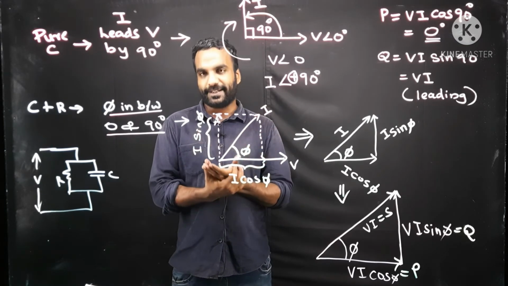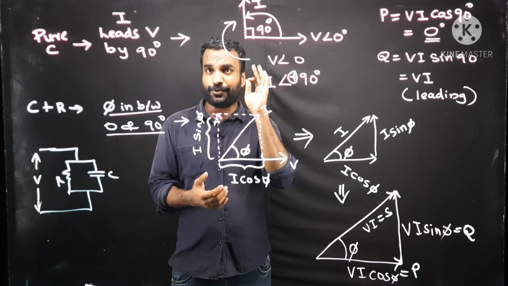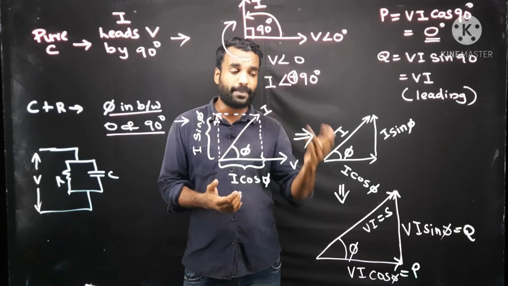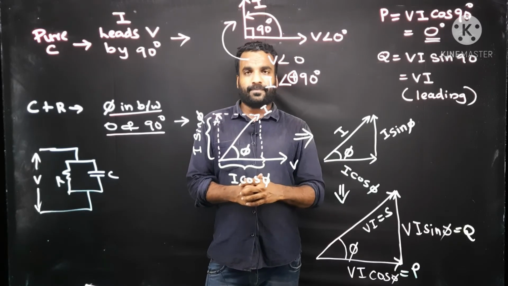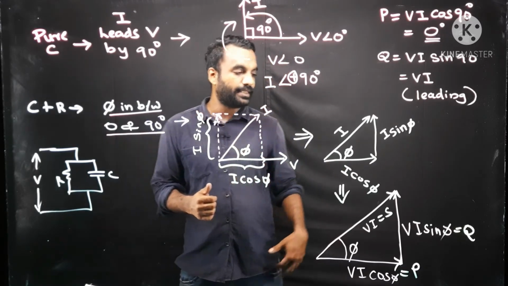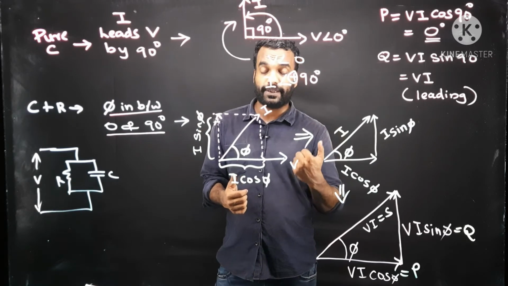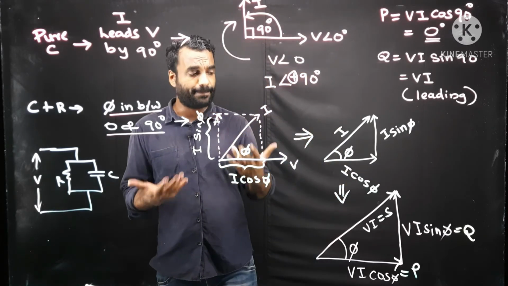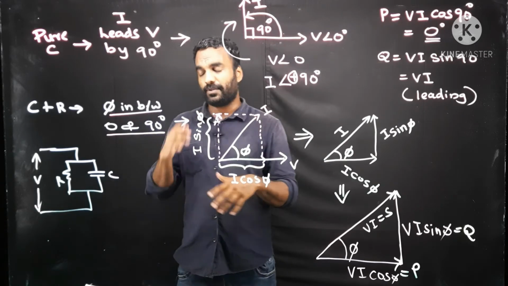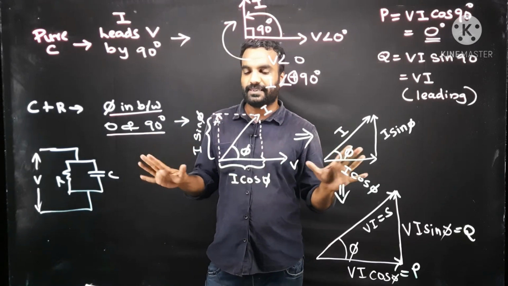Keep this in your mind. It will be useful in upcoming semesters. Please write it down: a capacitor is delivering reactive power, whereas an inductor is absorbing reactive power. Okay? So these things are over.